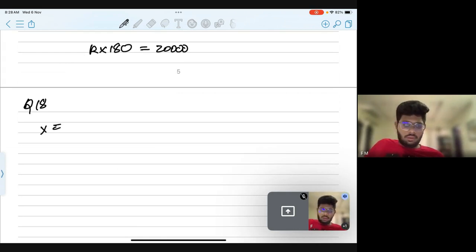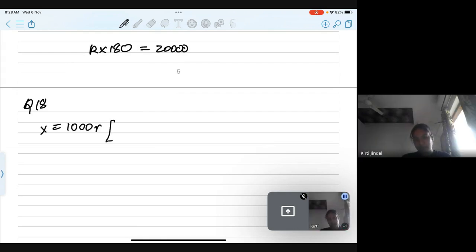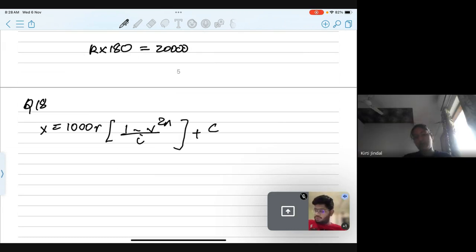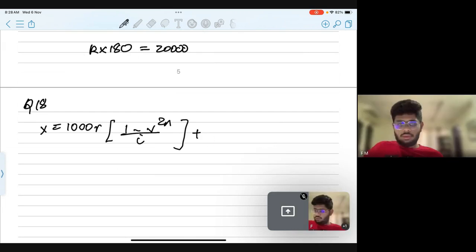X is equal to 1,000 into r into a angle n, where a angle n is 1 minus v^n upon i, plus 381.5.